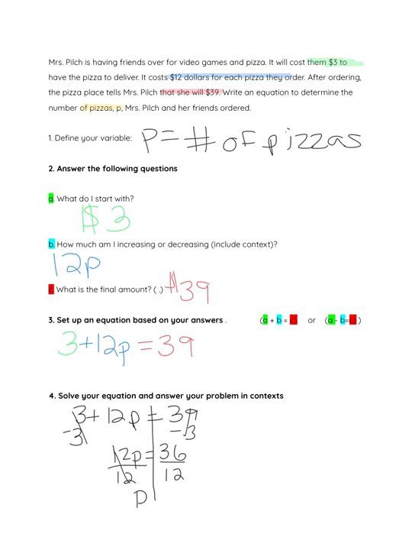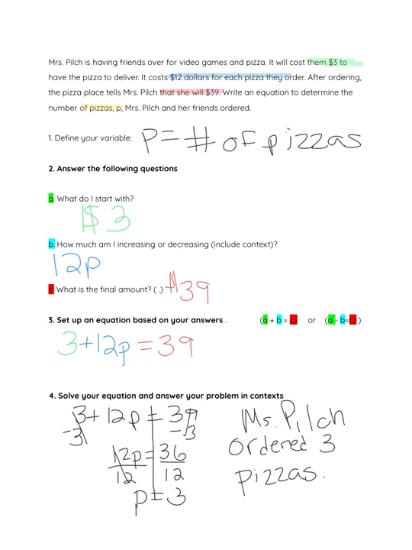And now I'm left with P is equal to 36 divided by 12, which is 3. So Miss Pilch ordered 3 pizzas for her and her friends. We'll see. I don't know if she's really got enough friends for 3 pizzas. Maybe. We don't know.